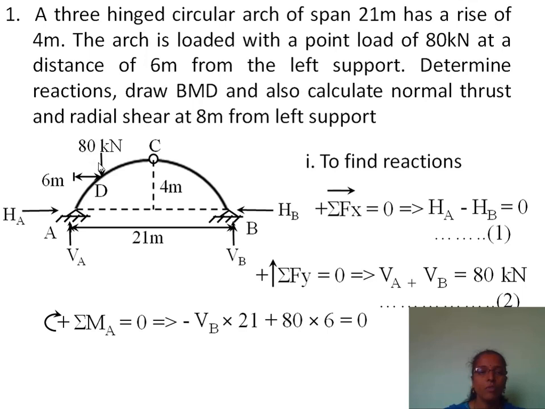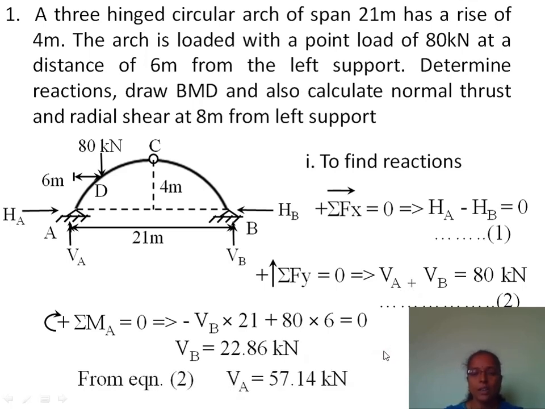The remaining force is 80 kilonewton, with perpendicular distance 6 meter, inducing a clockwise moment, therefore plus 80 into 6. If you simplify, you obtain VB as 22.86 kilonewton. Substituting back into equation 2, we obtain VA as 57.14 kilonewton. So we have obtained the values of VA and VB.